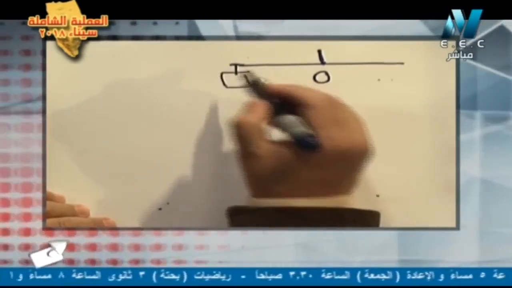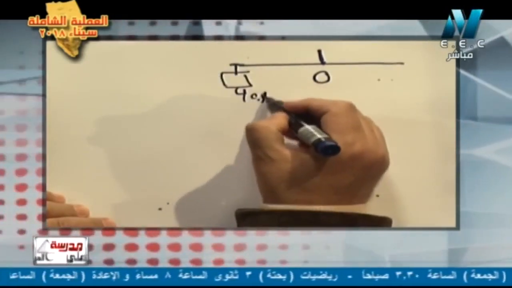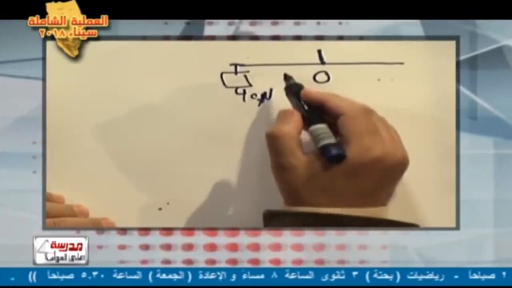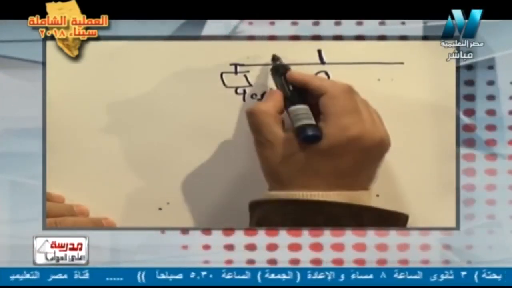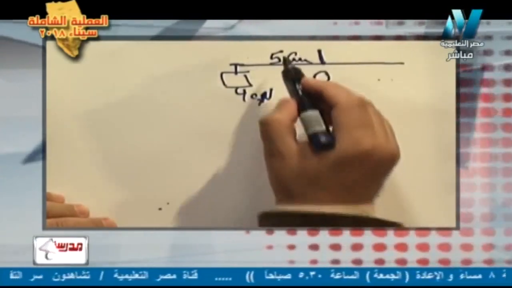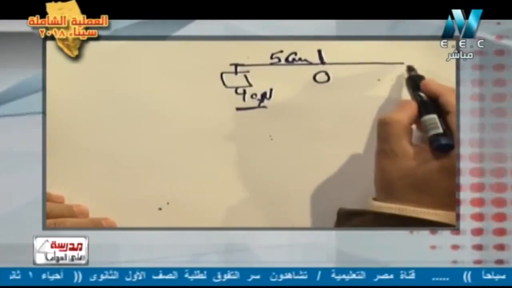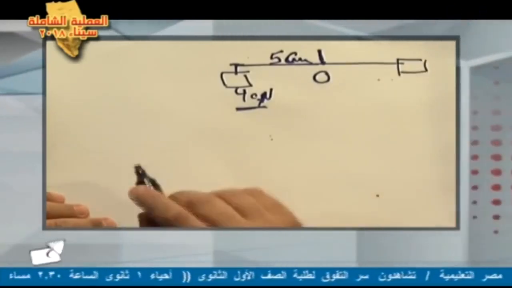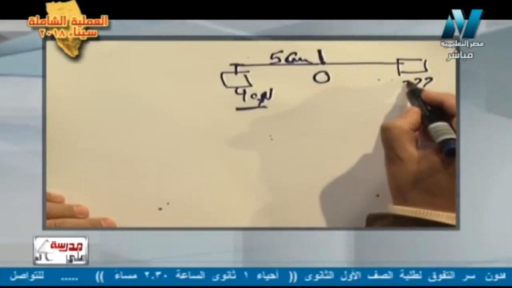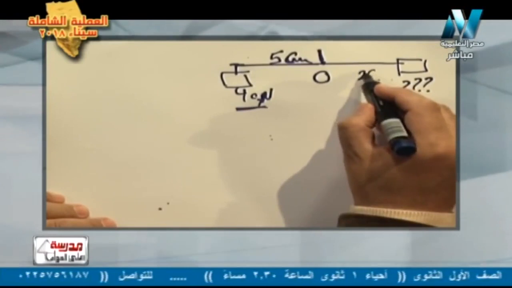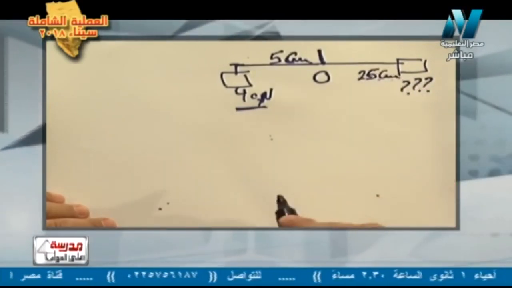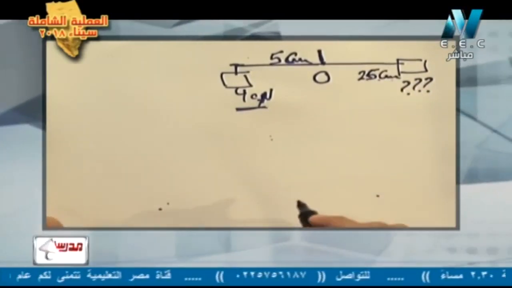A force of 40 Newton is hanged on one side at 5 centimeters. So I have here a force and its force arm, and you must find the weight that must be hanged here at 25 centimeters to get the bar balanced.